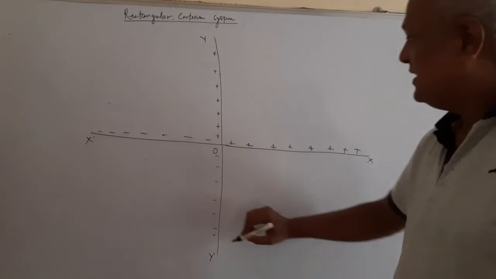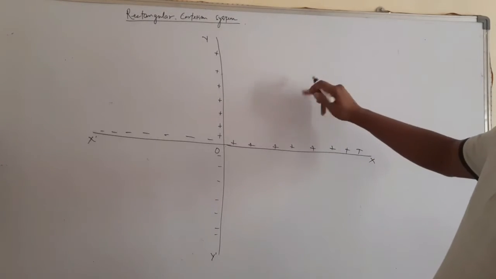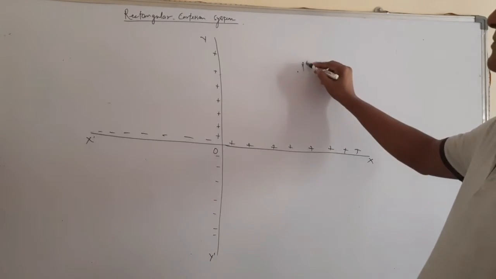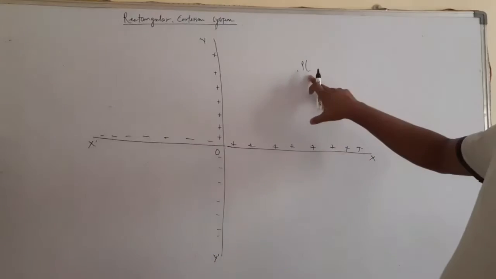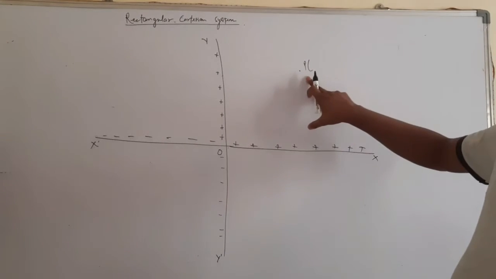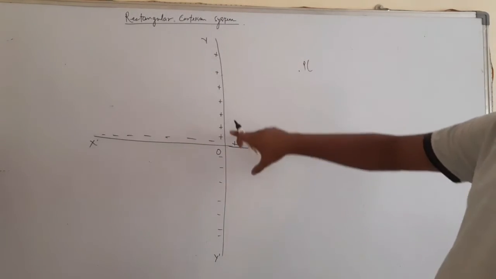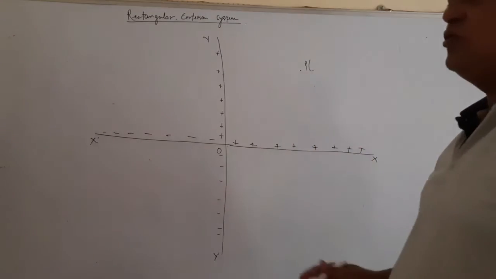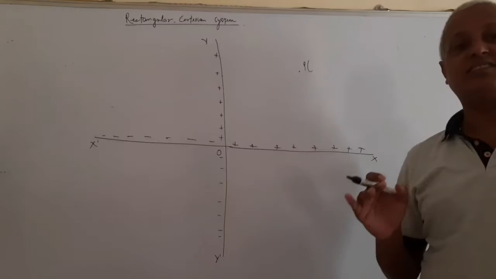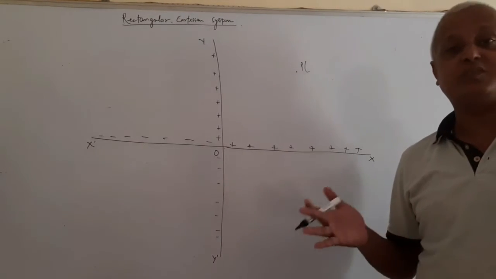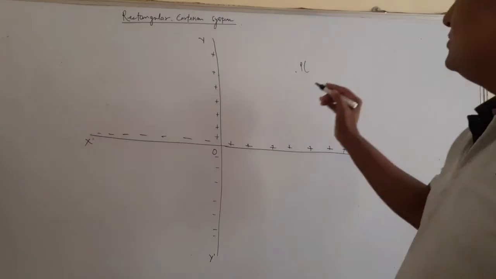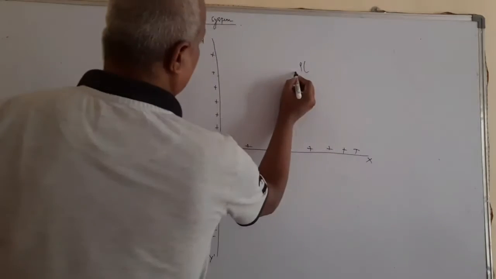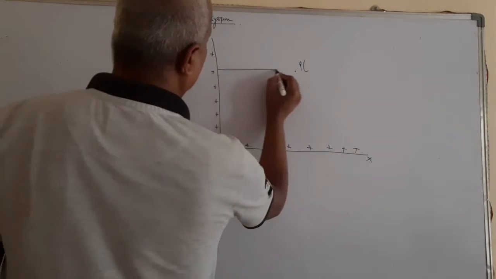So if the point is here, then we locate how far it is from these two lines, OY and OX. First you have to draw a perpendicular, because we know that the shortest distance between a point and a line is always the perpendicular distance. So I draw a perpendicular from here to here.